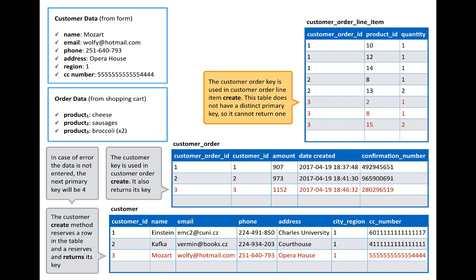The effective primary key is simply the combination of the customer order ID and the product ID. Since there is no distinct or separate primary key, the line item create method cannot return one. Therefore, the line item create method is a void method.